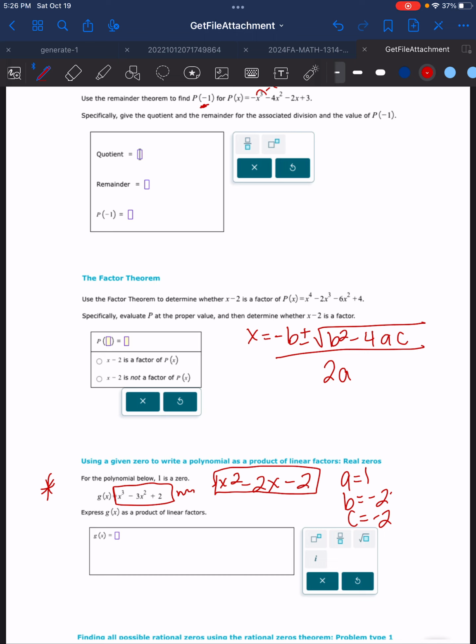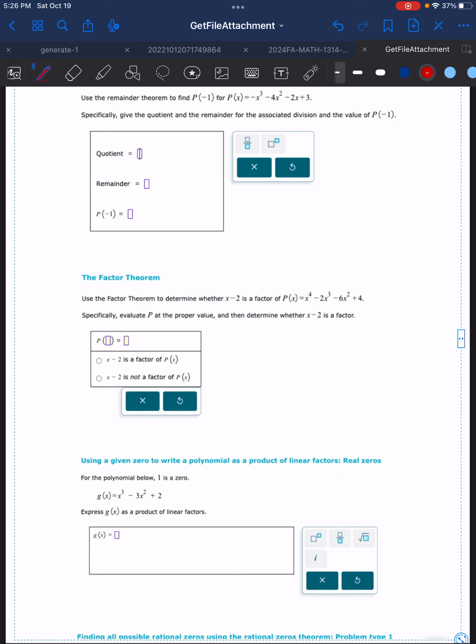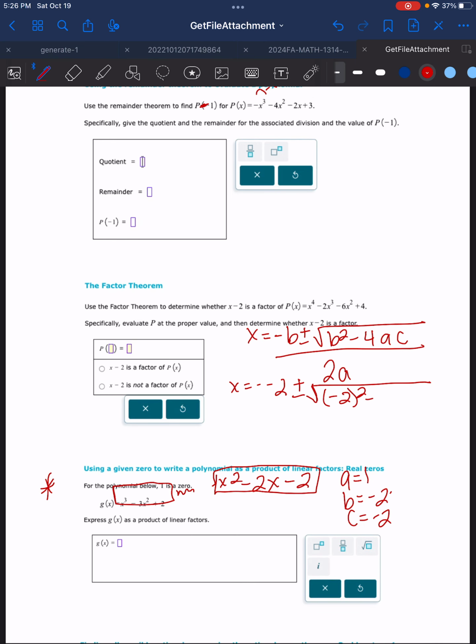Okay? So here we go. X equals negative b, which is negative 2 plus or minus b squared. Notice anytime I substitute, I put it in parentheses.